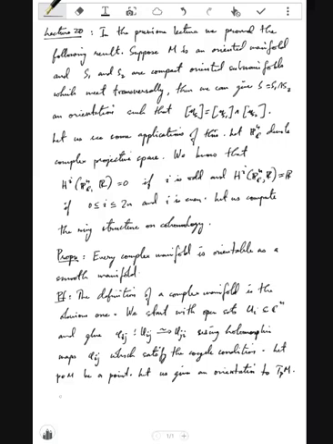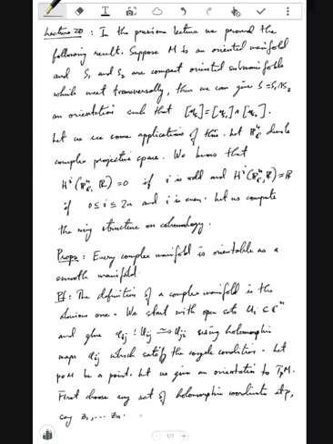First, choose any set of holomorphic coordinates at P, let's call this Z1 up to Zn.